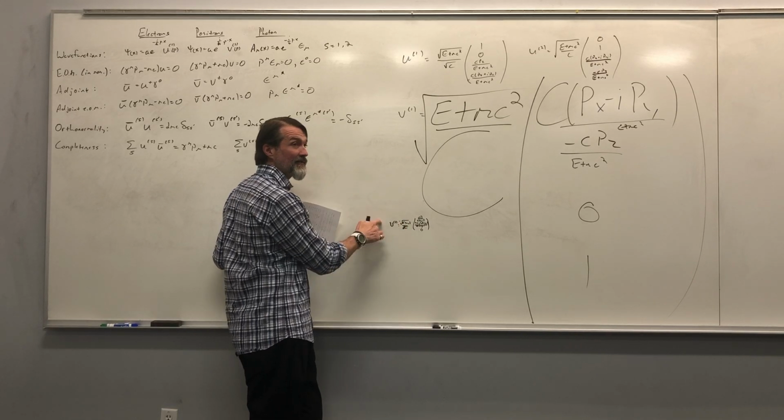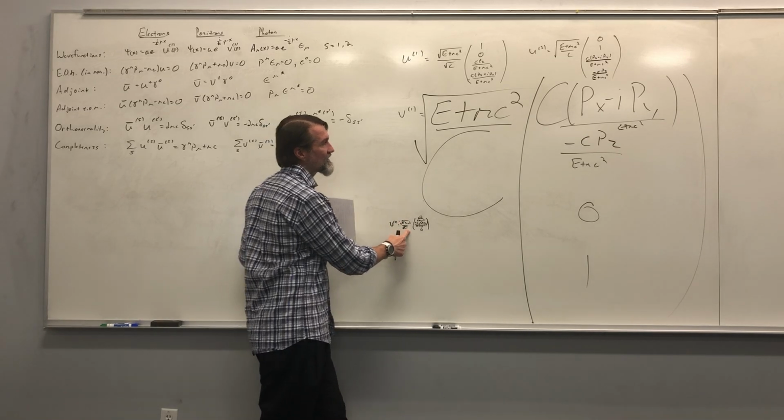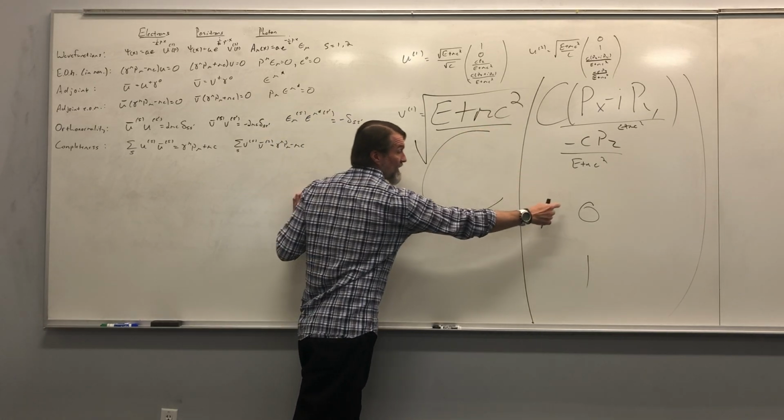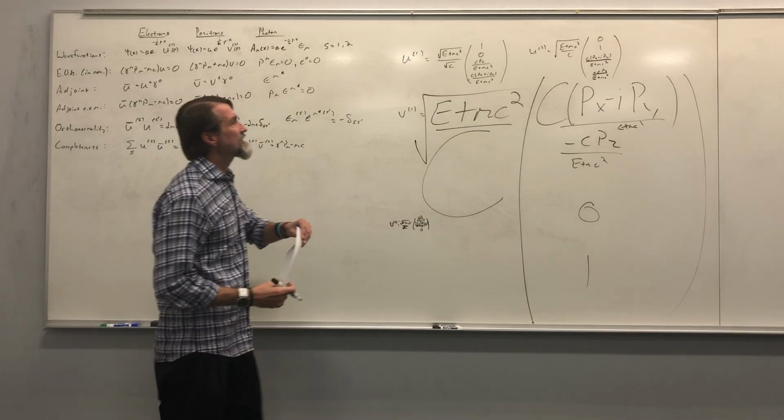There's a minus sign in front of this one. Otherwise, it has the same coefficient. It's basically the same structure, but I've got 1, 0 on the bottom instead of 0, 1. Okay, hopefully you see the theme.